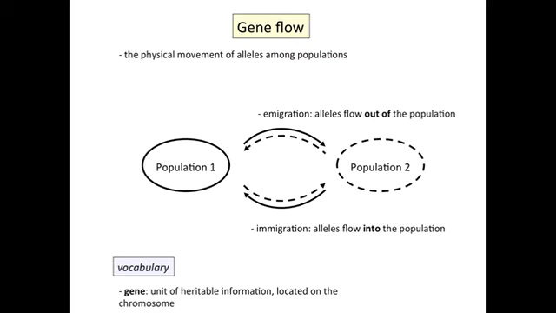When an individual leaves a population, we refer to it as emigration. When individuals arrive in a population, bringing their alleles with them, we call that immigration. So, the physical movement of alleles among populations influences the allele frequency in a population. When the allele frequency in a population changes, our populations are evolving.